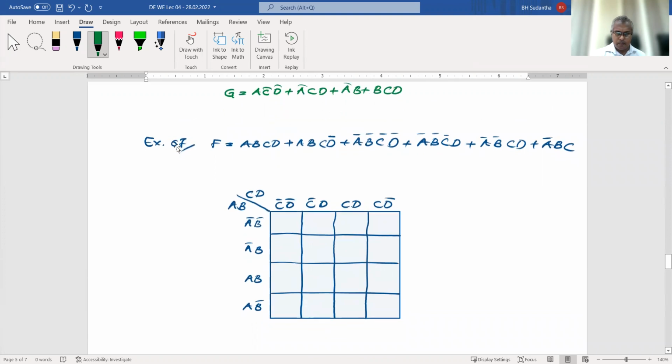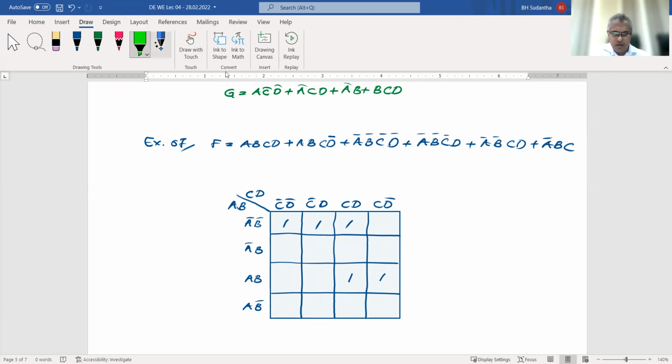This one, A, B, C, D here, then A, B, C, D bar, A bar, B bar, C bar, D bar, A bar, B bar, C bar, D, A bar, C, D, A bar, B, C. A bar, B, C is not a grid.